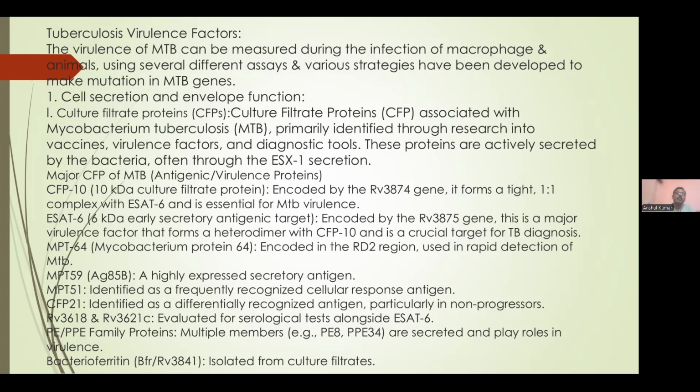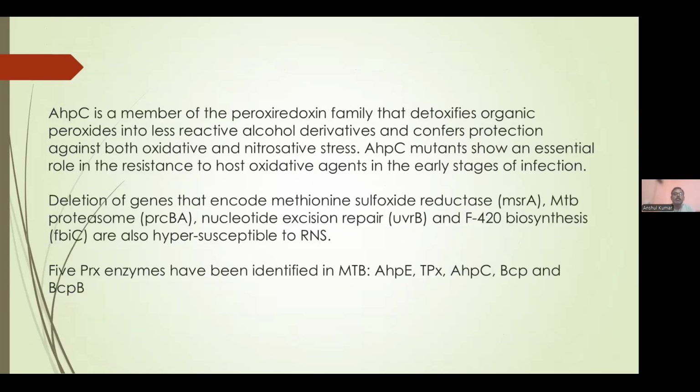And major changes in these genes can help in vaccine development. Usually these are used in vaccine development to determine some of the major virulence factors. So these are some of the important factors.